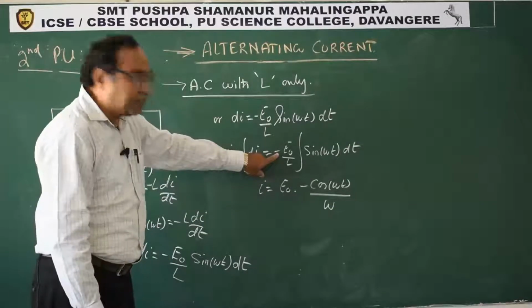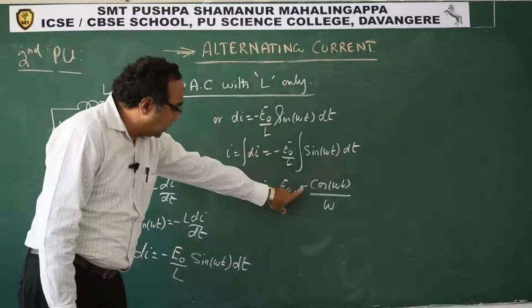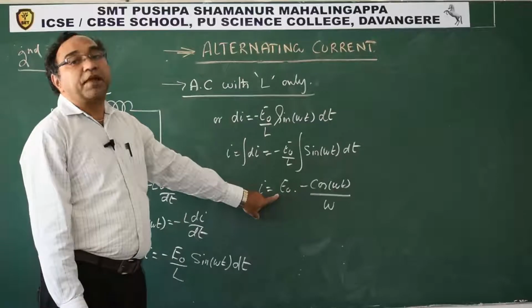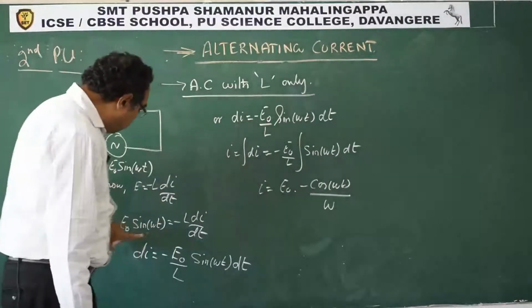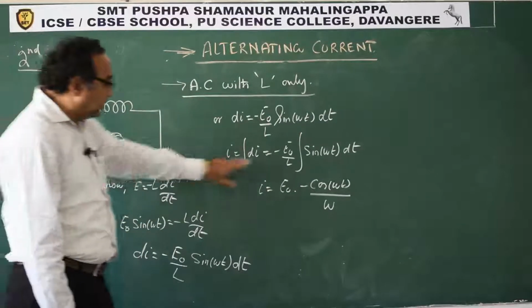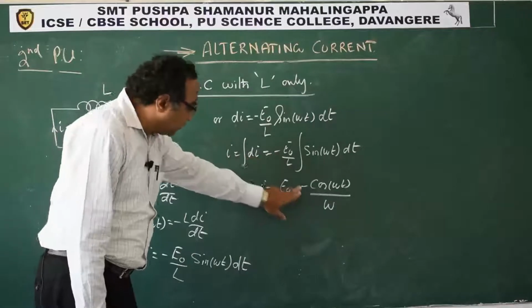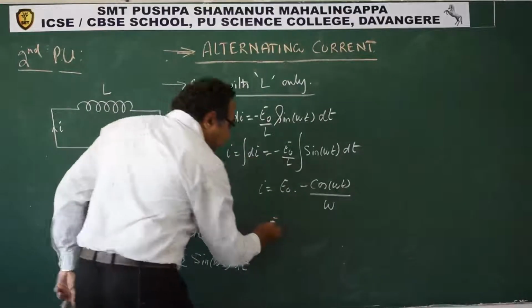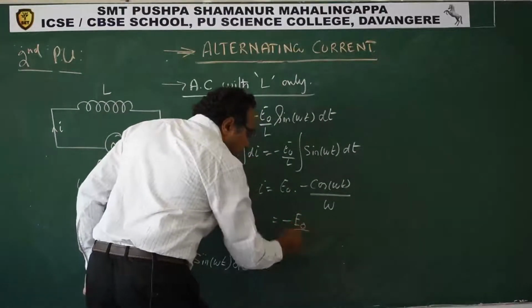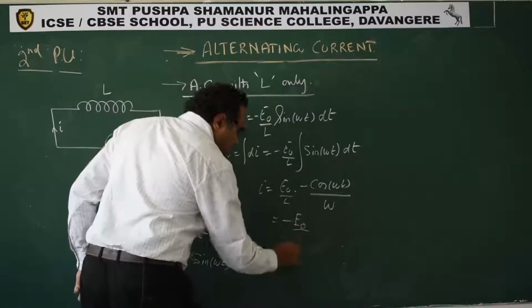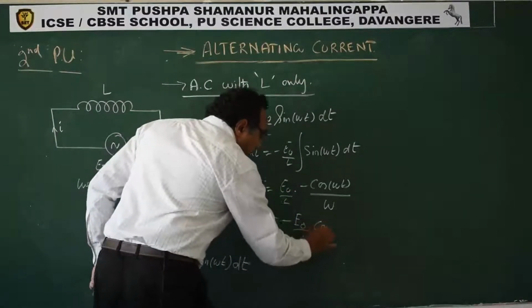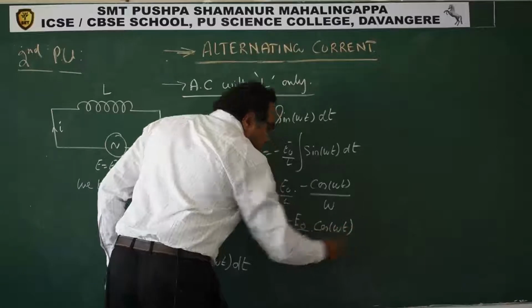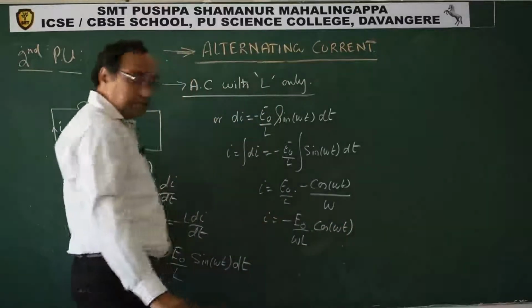If you consider this minus sign, then minus into minus will make it plus. If you take the magnitude alone, as I said, then this minus will not be there. So your answer will come in terms of minus of E naught by omega L cos of omega t. Like this you get I.